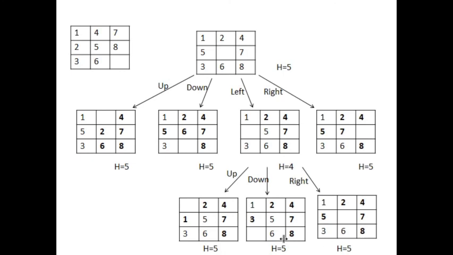So these new states are not closer to the goal state because the heuristic value for these states is 5, 5, 5, but for this state the heuristic value is 4. So this state is closer to the goal, but all of these newly generated states are not closer to the goal state as compared to this state. So here we face a local maxima problem.